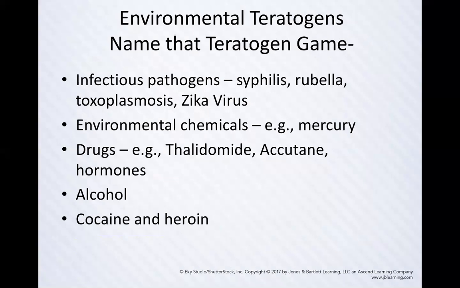This is the reason why when someone's pregnant, before they even take a drug or even think about taking a hormone or doing anything over the counter or prescription, they have to talk to their doctor, because so many things can interfere with prenatal development. Now, there are some real sensitive stages in prenatal development.